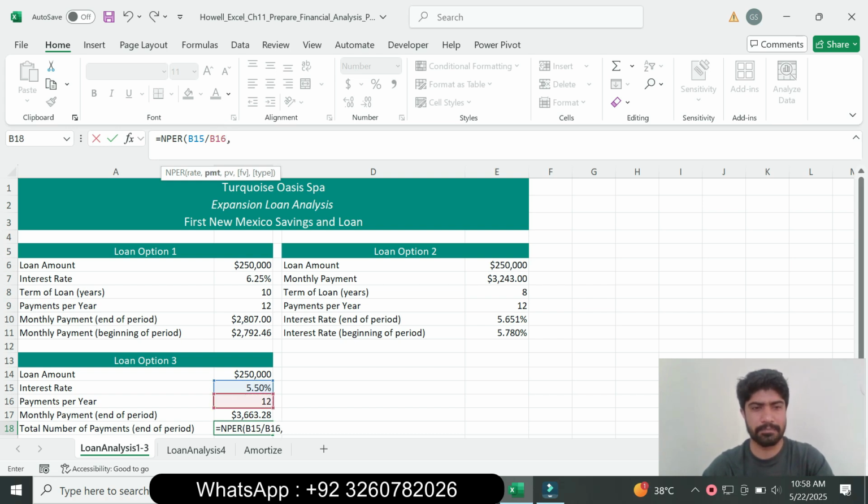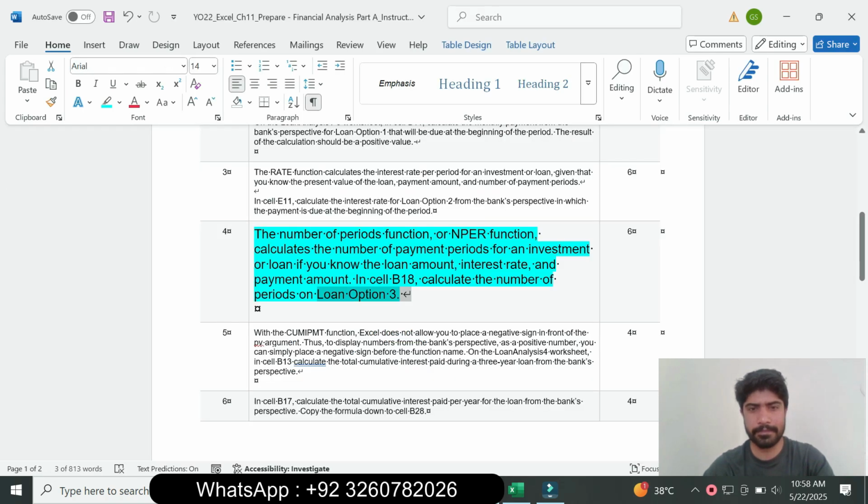Type the comma and B17, the monthly payment. Type the comma and next is the loan amount.